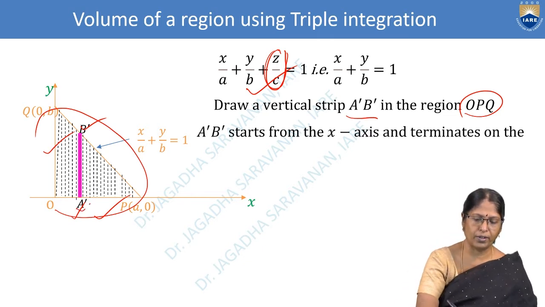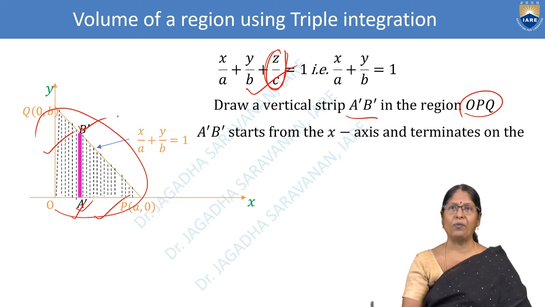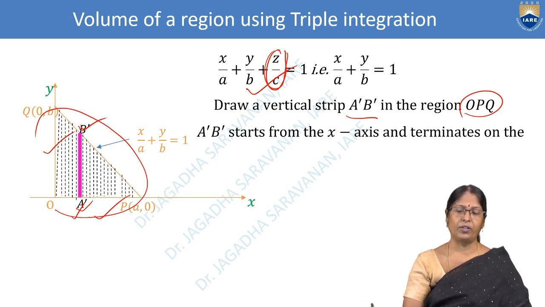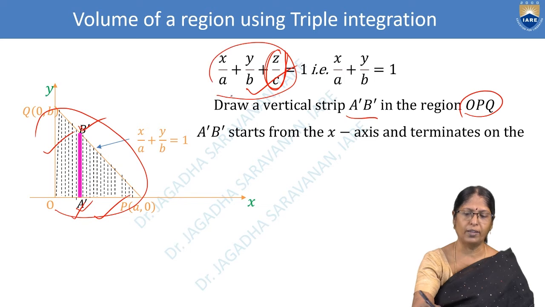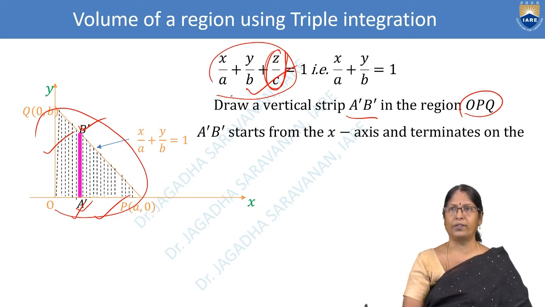Now why do we have to take the vertical strip? Because from the three-dimensional plane condition we got the Z limits, but we wanted the Y limits.